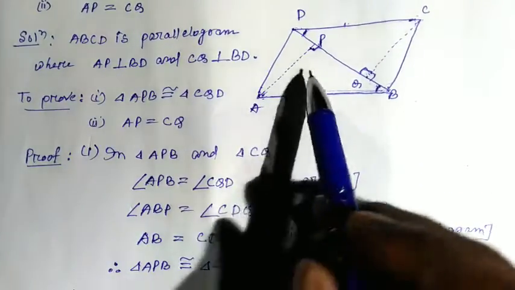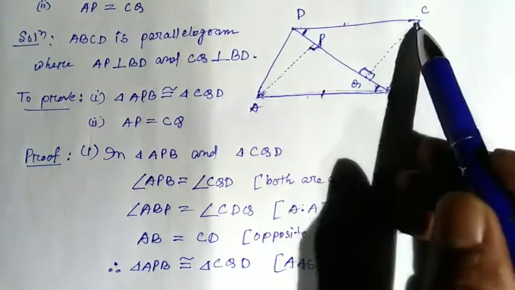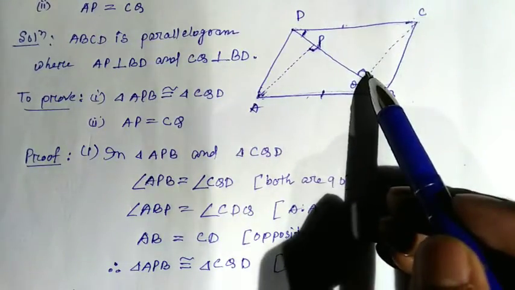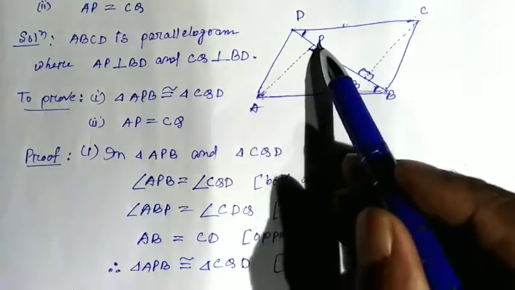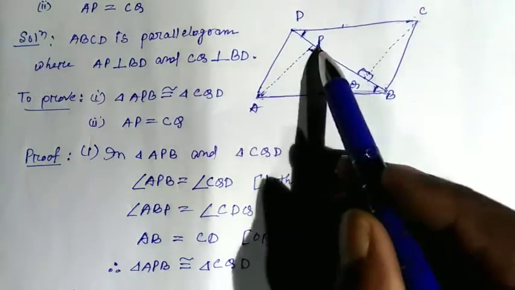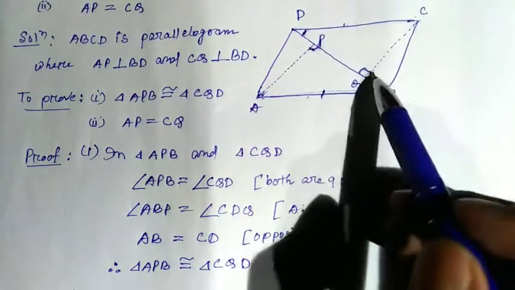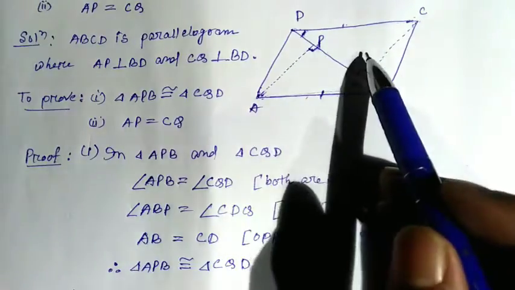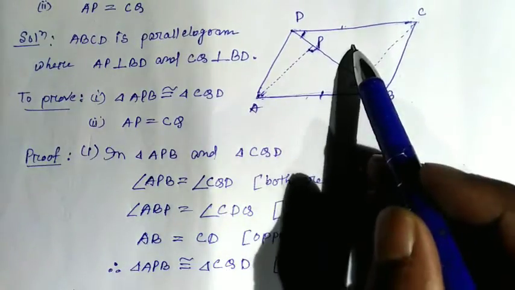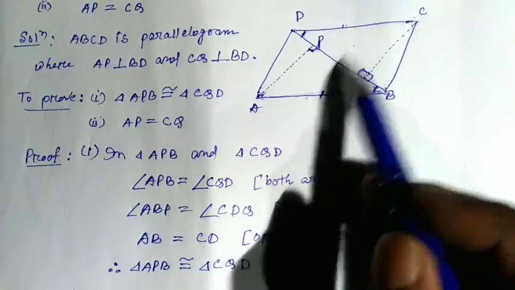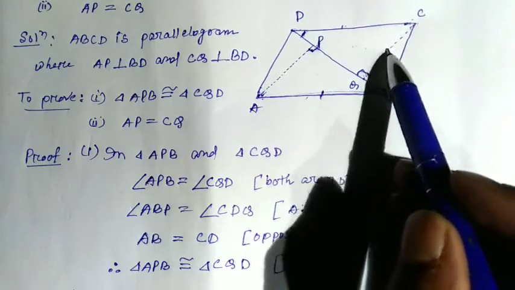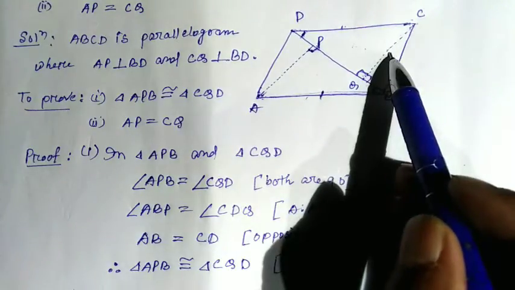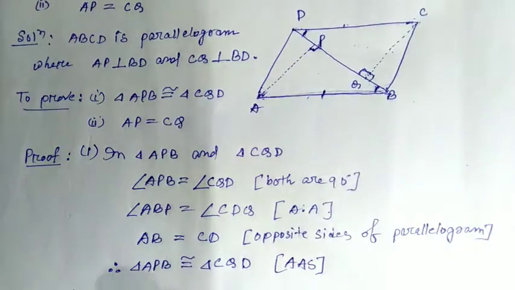Now see, AP is equal to CQ. We need to prove this one. AP is present in triangle ABP and CQ is present in triangle CQD. These two triangles we have already proved congruent, so we can say that these two sides are equal. They are corresponding sides.